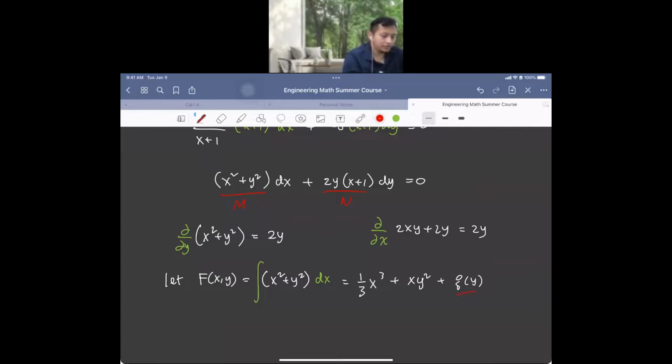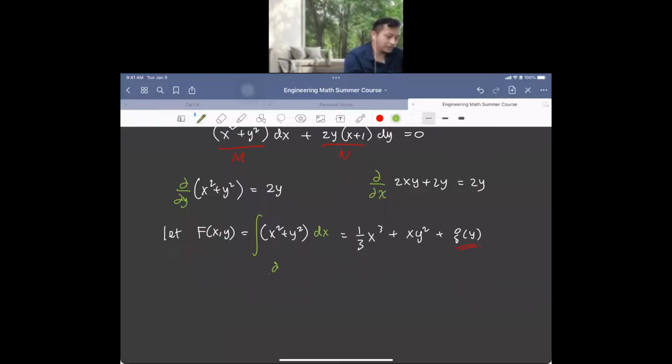And we need to find our g of y. Then we partially derive our f with respect to y. This will be 2xy plus g prime of y. And you notice that this is similar to what we have, right?